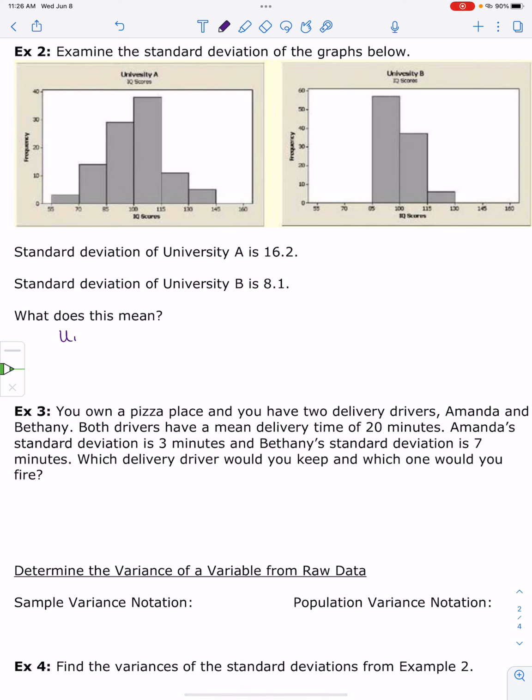University A has IQ scores that are more spread out. So more inclusive.